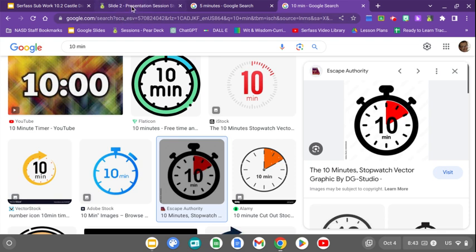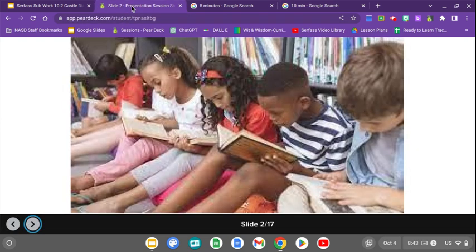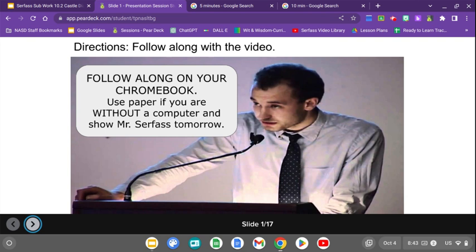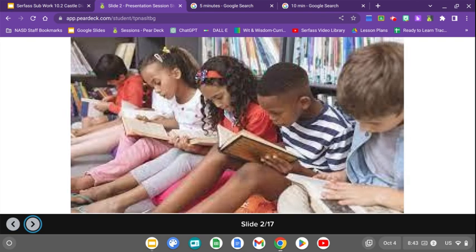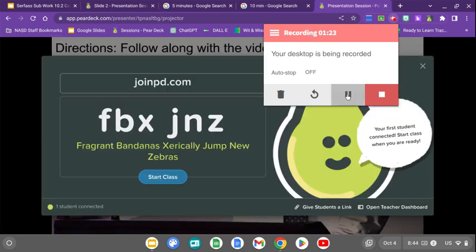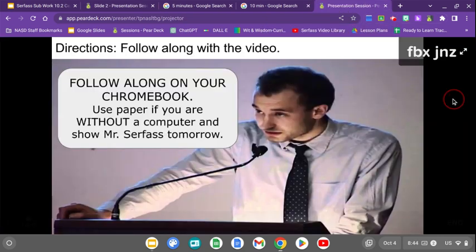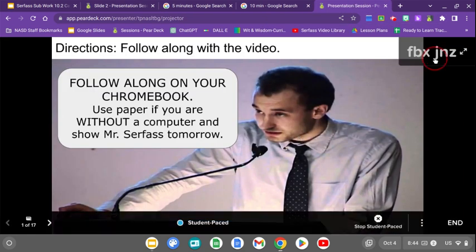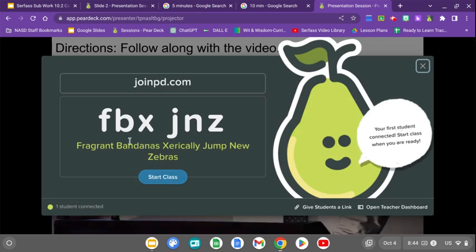Nice work. So you can absolutely access these slides, students, in Google Slides, in Google Classroom. It'll say subwork and classwork, and you just click on that. I can also give you the code, all right? The code is FBXJNZ.